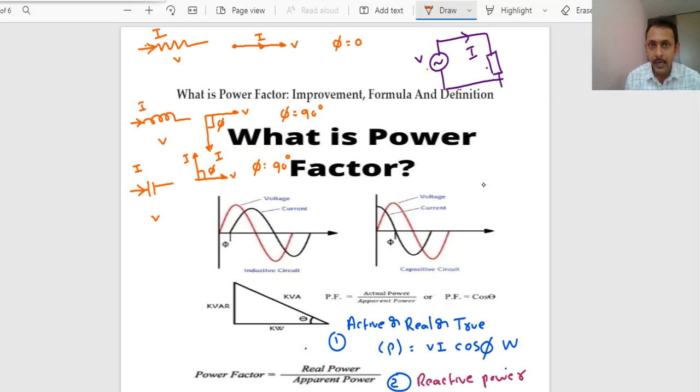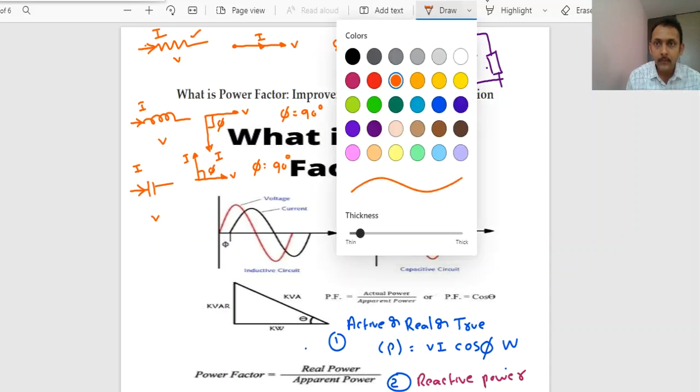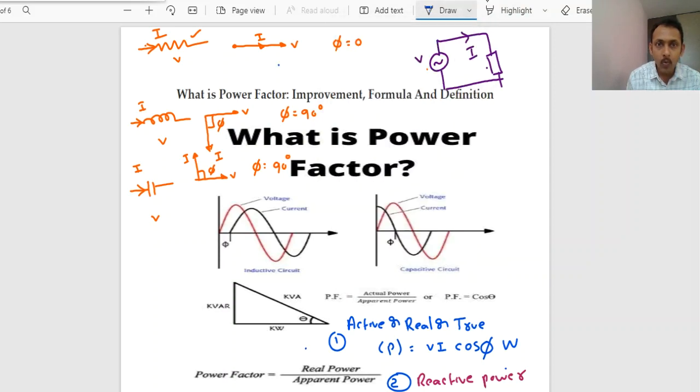So how do you understand that? For example, if the load is resistive in nature, and the applied voltage is V across the load and the current drawn is I, both voltage and current will be in phase.